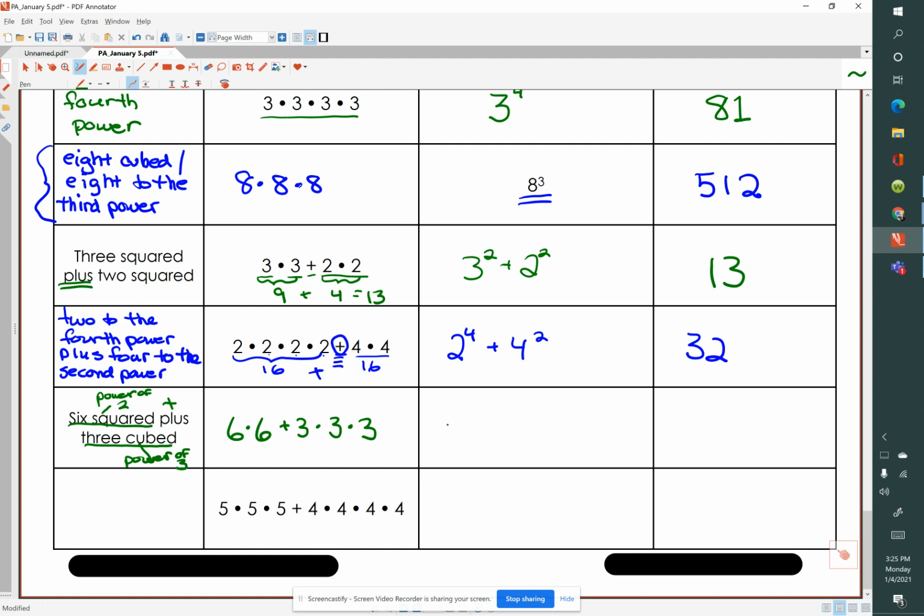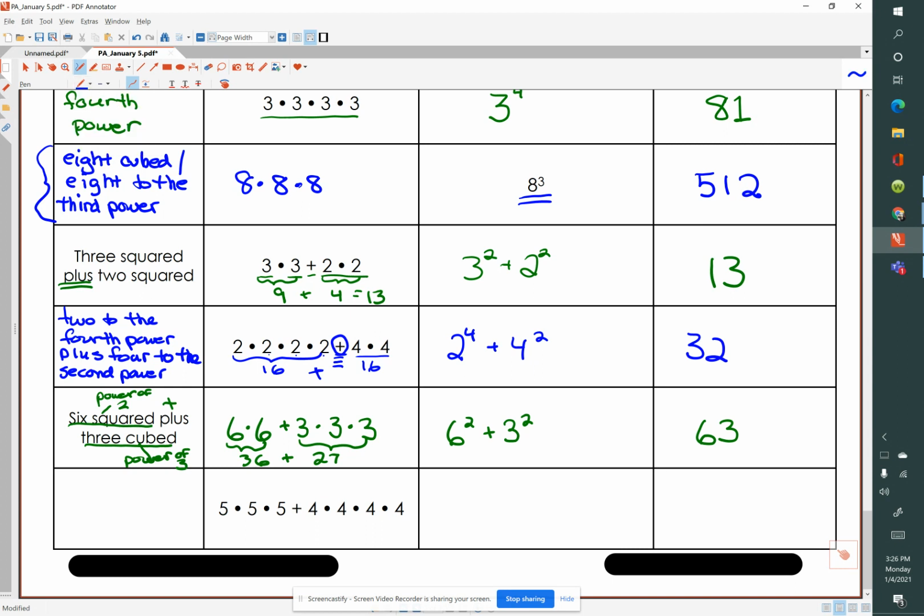And in exponential form, we would write that 6 squared plus 3 cubed. And 6 times 6 is 36. 3 times 3 is 9. 9 times 3 is 27. And 36 plus 27 equals 63.